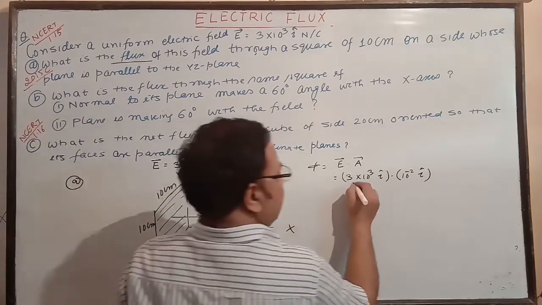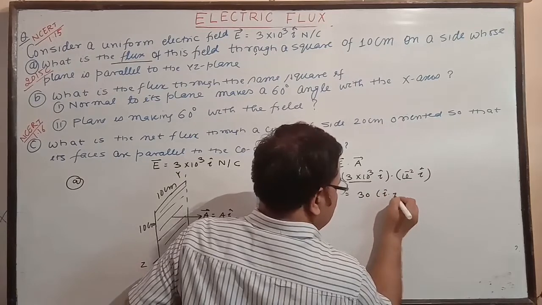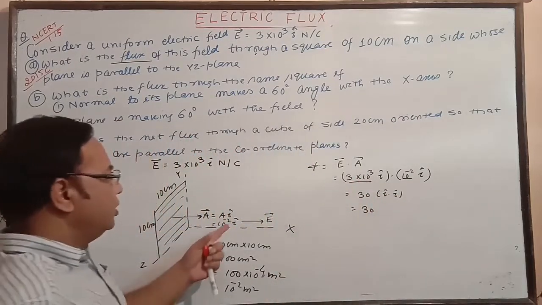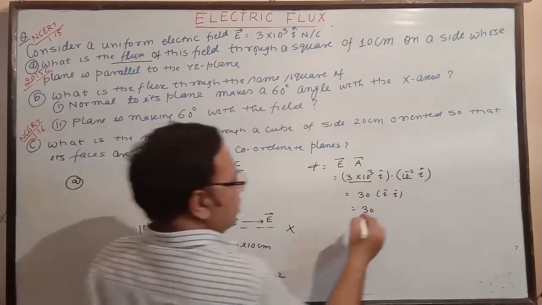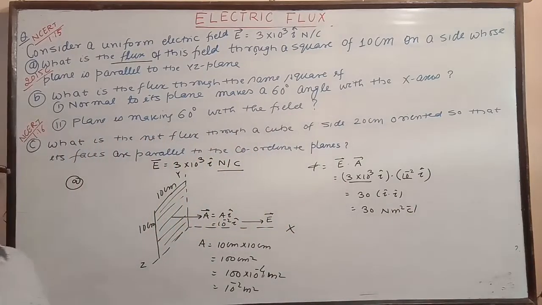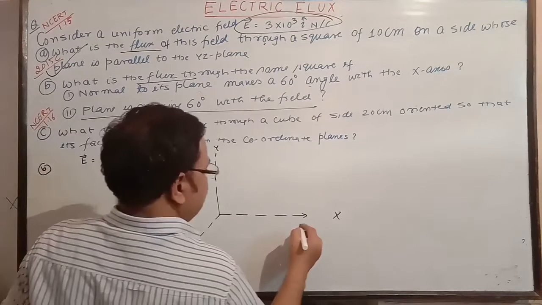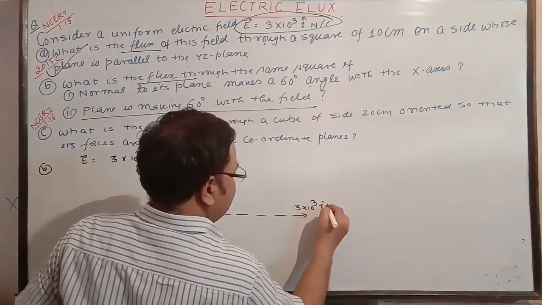So 3 and this give you 30, and i dot i gives you 1. So this is 30, and we put the SI units: meter square and Newton per coulomb, so this is Newton meter square per coulomb. That is the answer of the first part of the question. So we have field along x-axis of 3 into 10 to the power 3 i cap Newton per coulomb.